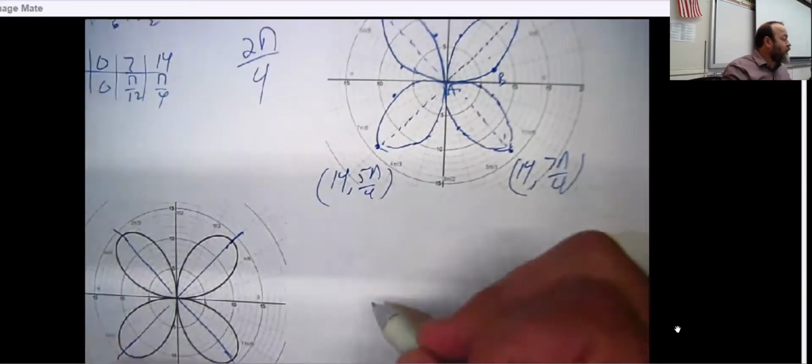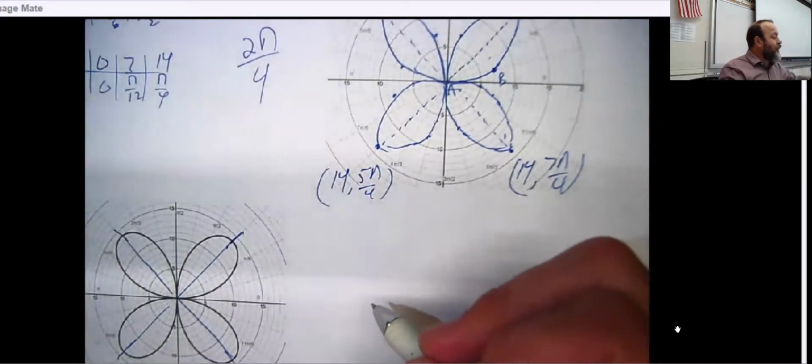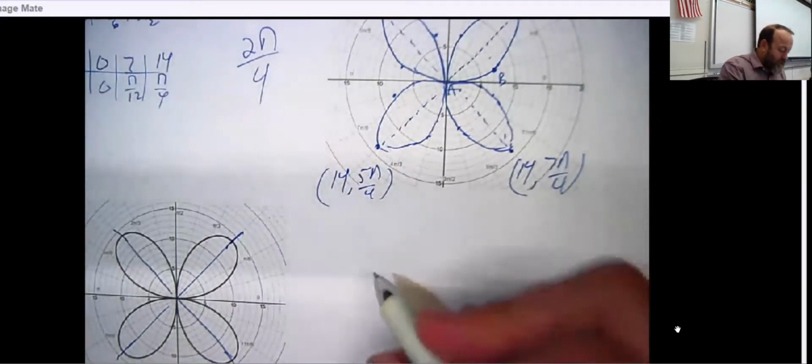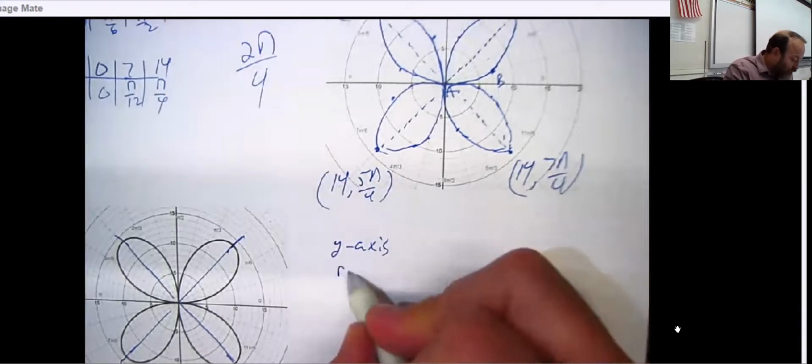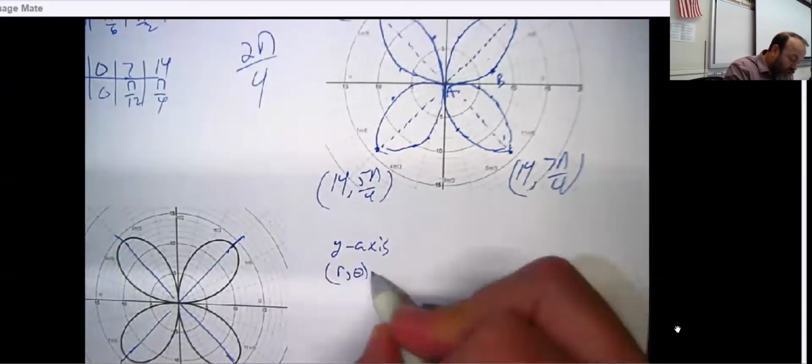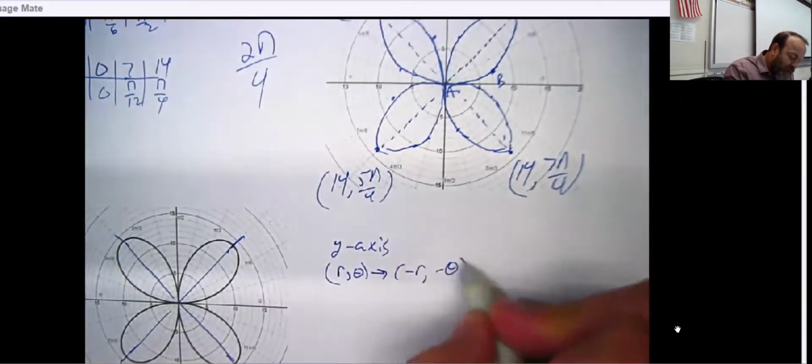So for starters, to prove that this thing has y-axis symmetry, one of the ways to do that is to replace r comma theta with a negative r and a negative theta.